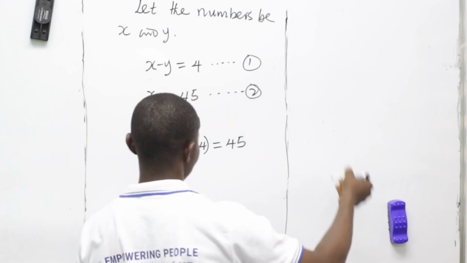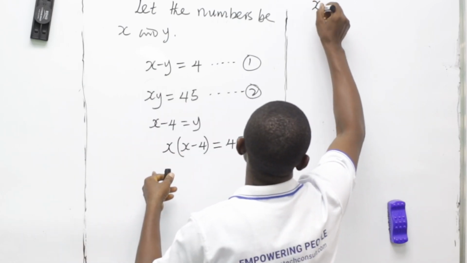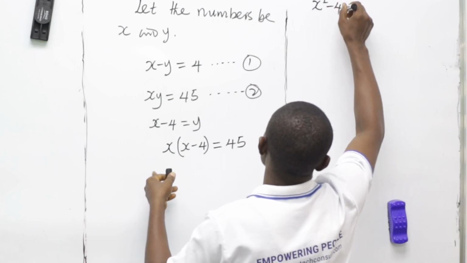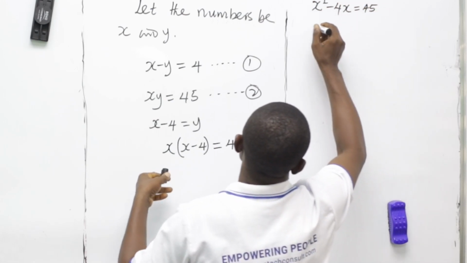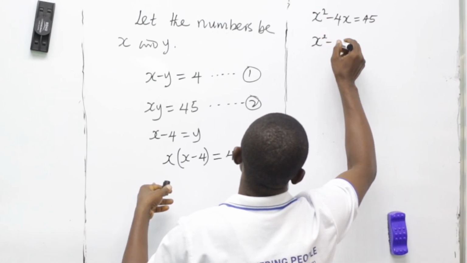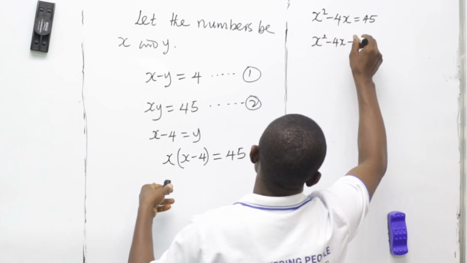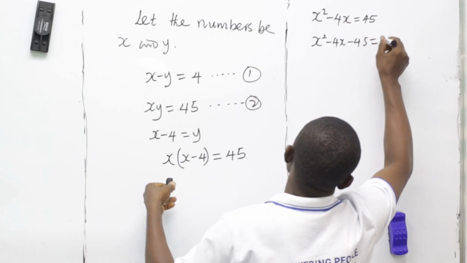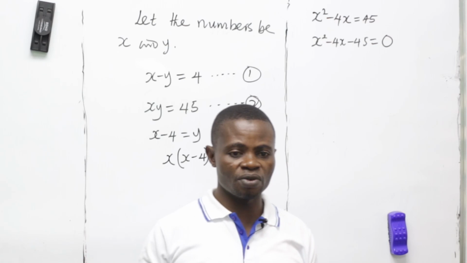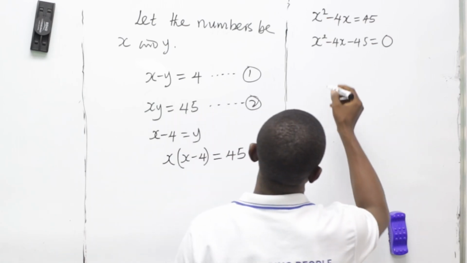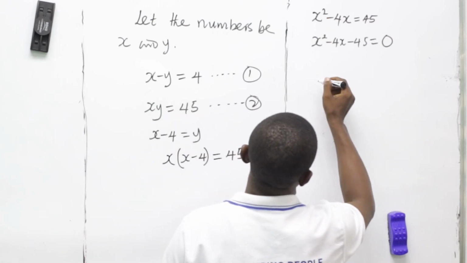So if you have x into this, it's going to give us x squared minus 4x equals 45. That is x squared minus 4x minus 45 equals 0. This becomes quadratic equation. Now you start to solve either by factorization.